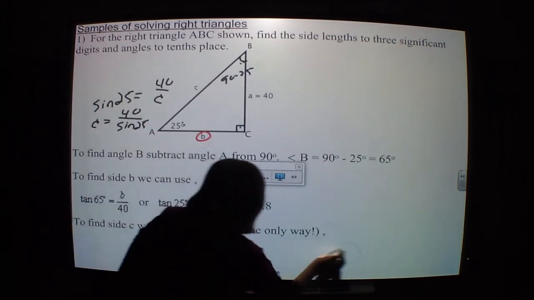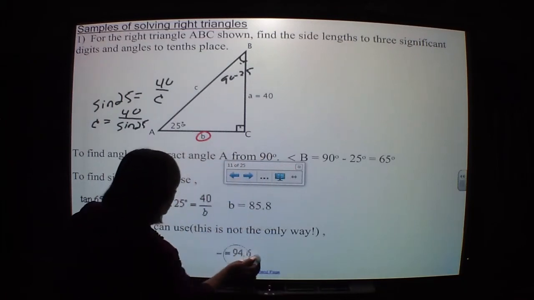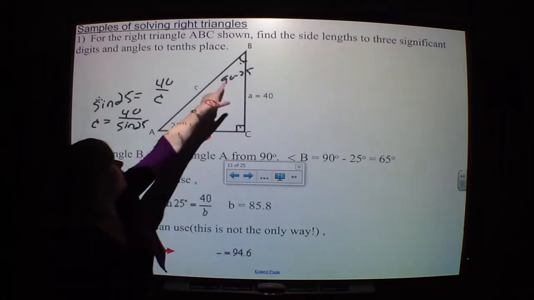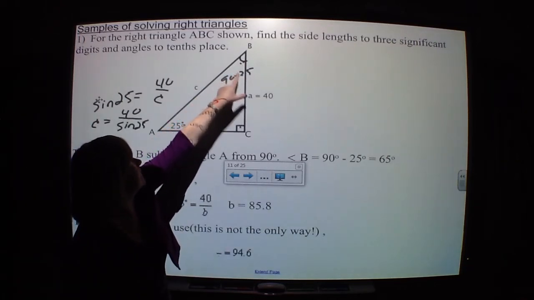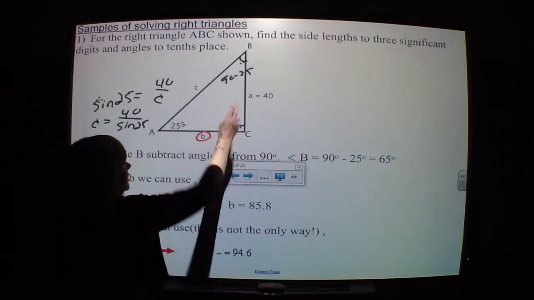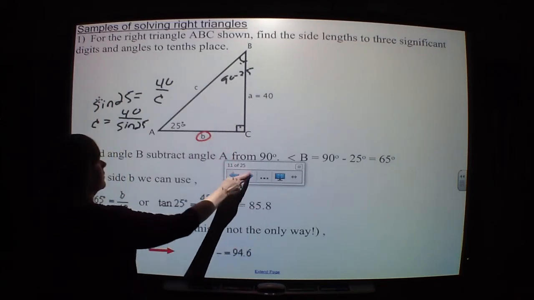It does not matter which way you do it, but you'll get about 94.6. I could have used the cosine of 65 is 40 over c. Or you could use a squared plus b squared equals c squared.